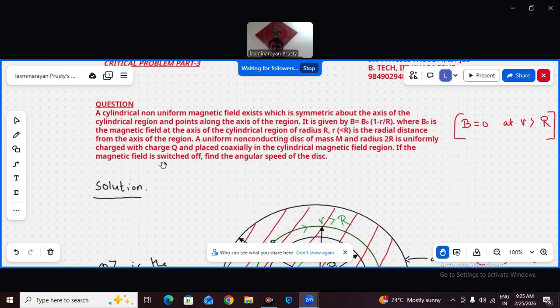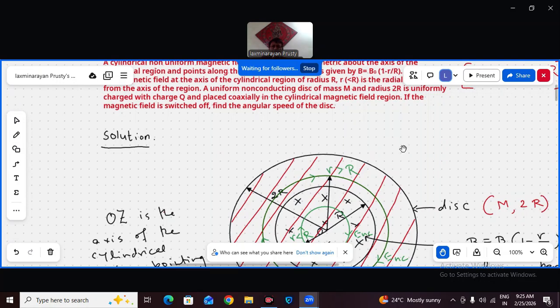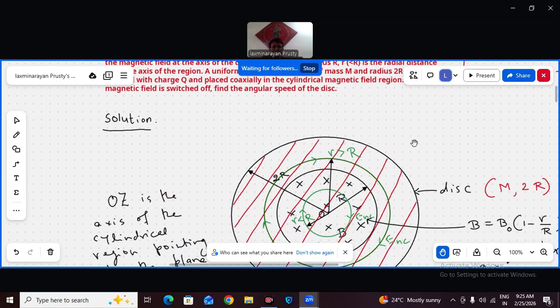If the magnetic field is switched off, find the angular speed of the disk.